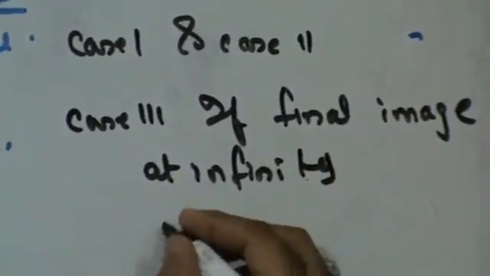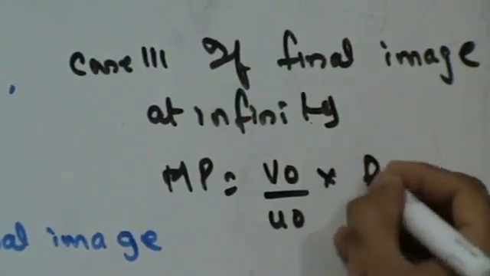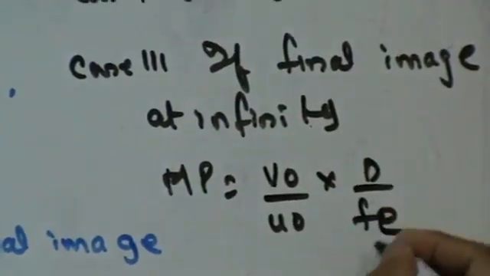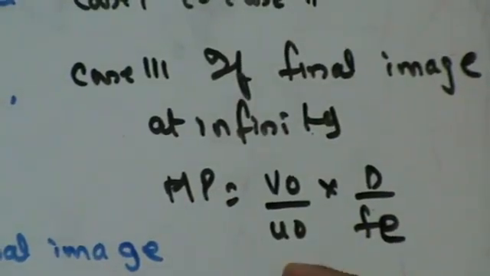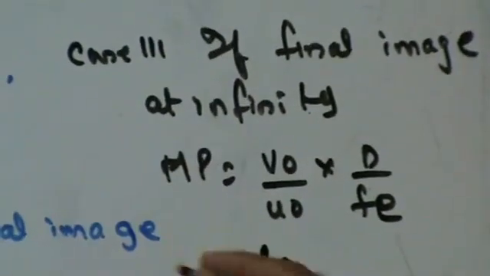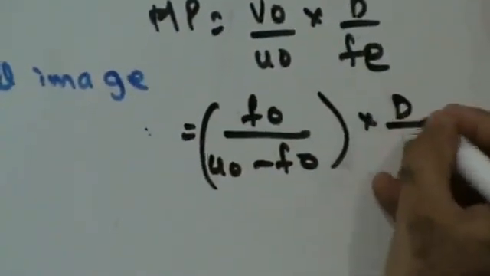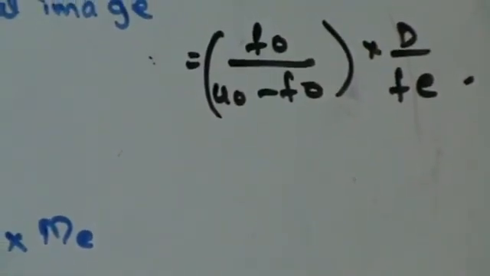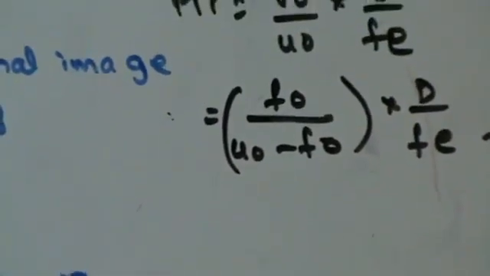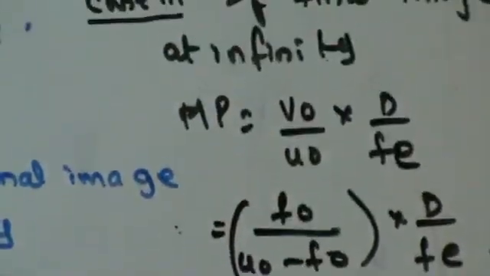We had found out that magnifying power is V0 upon U0 into D upon FE, which is nothing but F0 upon U0 minus F0 into D upon FE. So that will be the magnifying power of the compound microscope if the final image is at infinity.